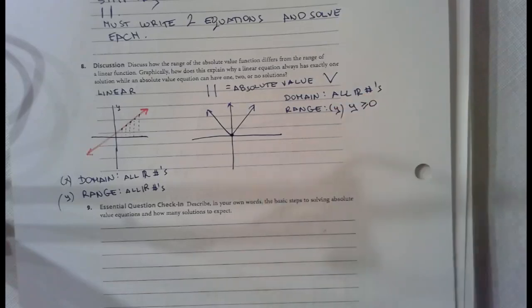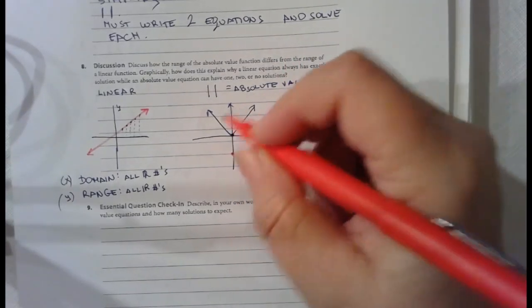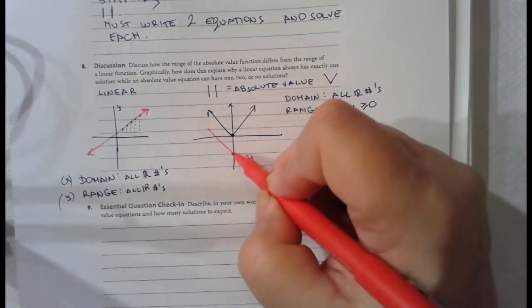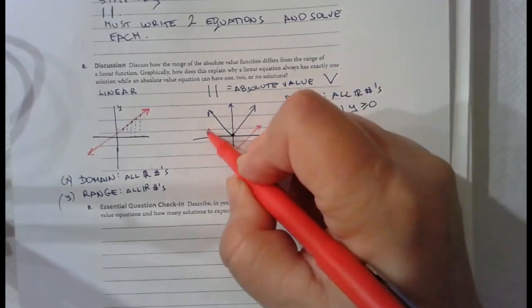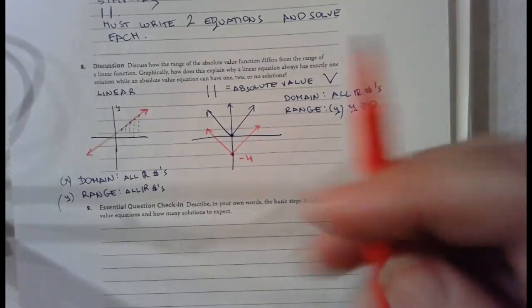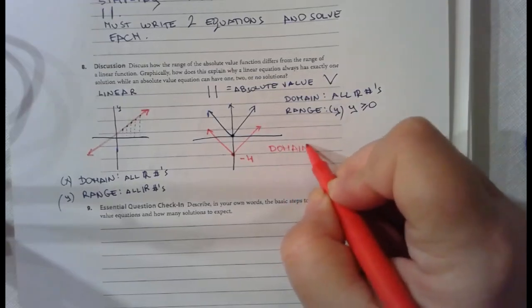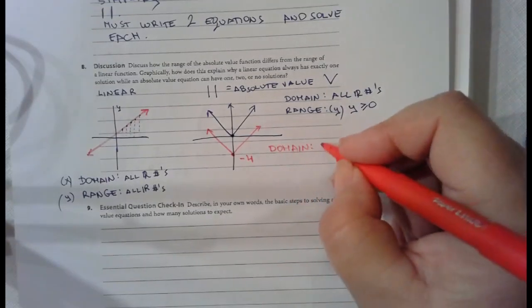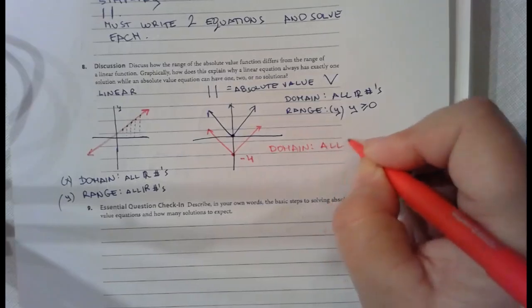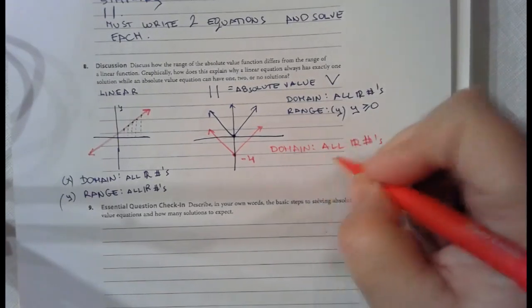What if I had, and I'll do this one in red. Let's say this is -4. And what if I had an absolute value that goes like this? And so again, and I'll do my domain and range in red. So domain is all the x's, right? All real numbers. So all real numbers is my domain.